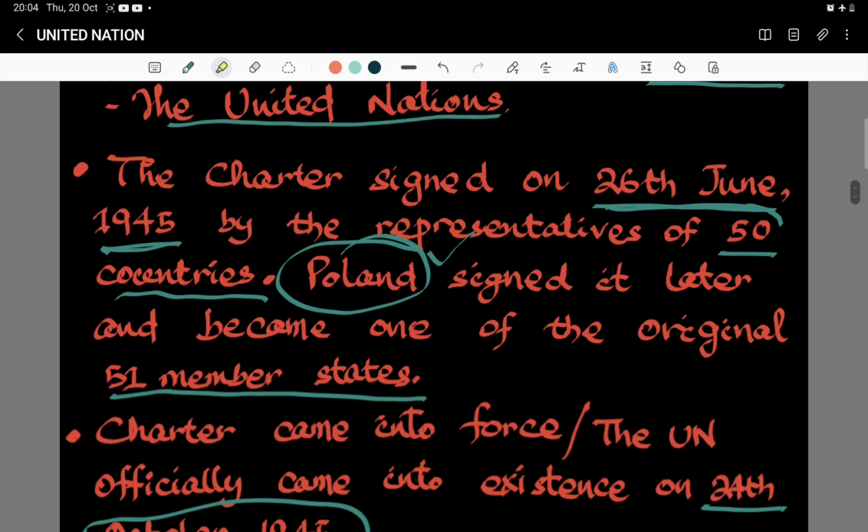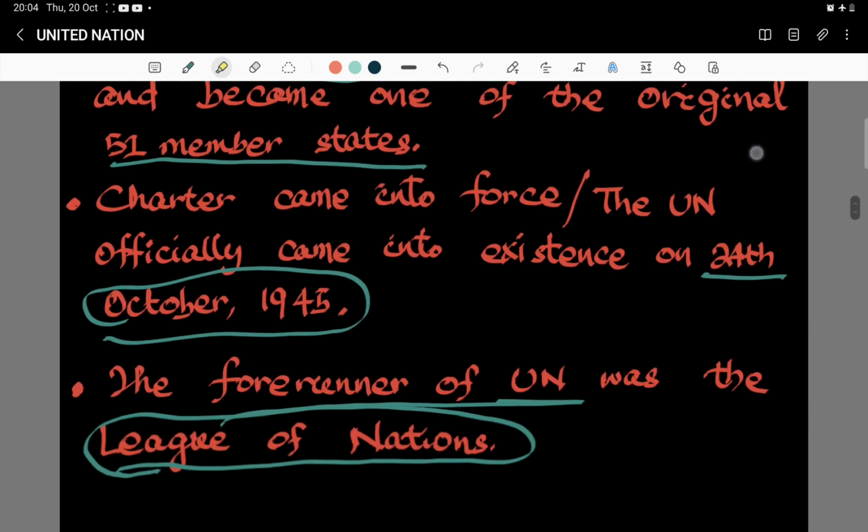The charter was signed on 26 June 1945 by the representatives of 50 countries, but Poland signed it later and became the 51st original member, or founding member country. The charter came into force officially on 24th October 1945.